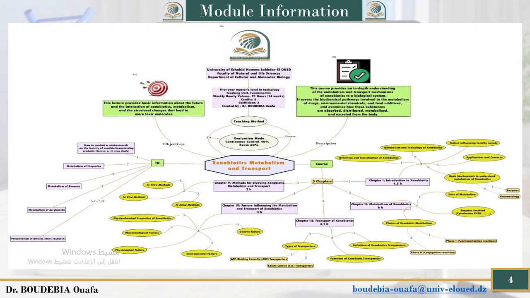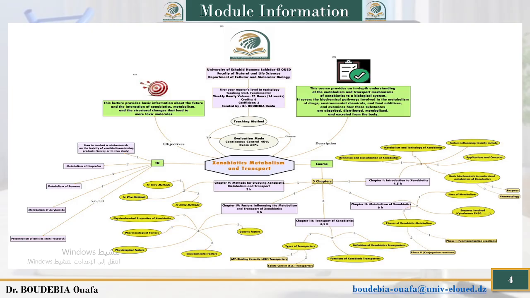The module is divided into 5 structured chapters. The first introduces the concept and classification of xenobiotics. The second chapter delves into metabolic pathways with a special focus on key enzymes such as cytochrome P450 and the distinction between phase 1 functionalization and phase 2 conjugation reactions.